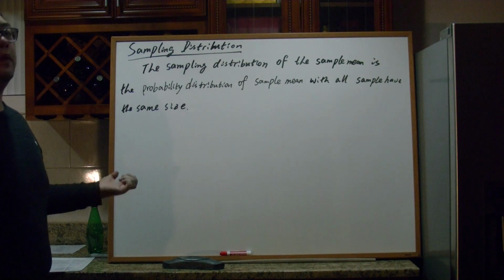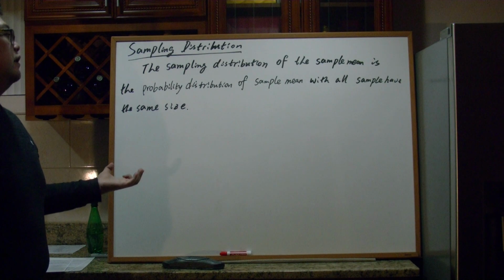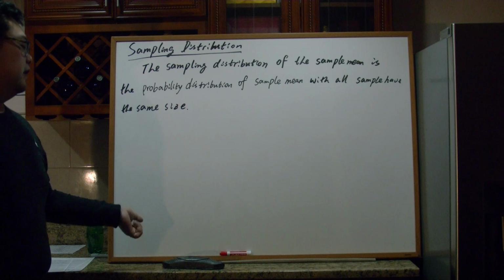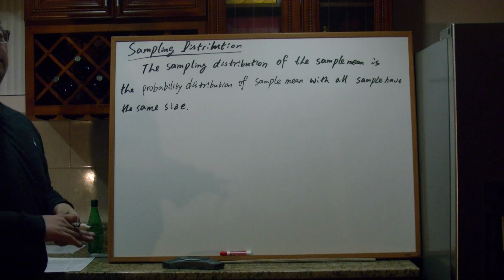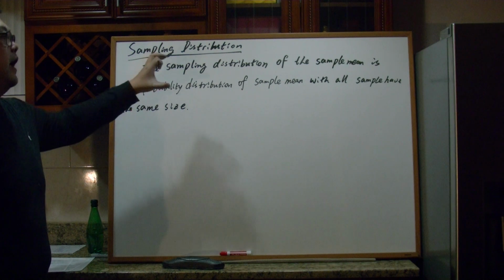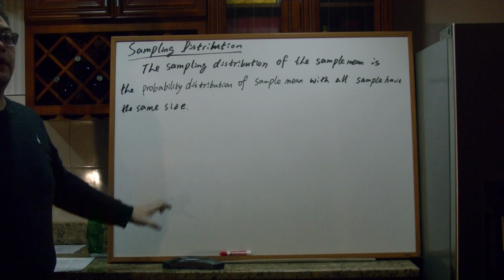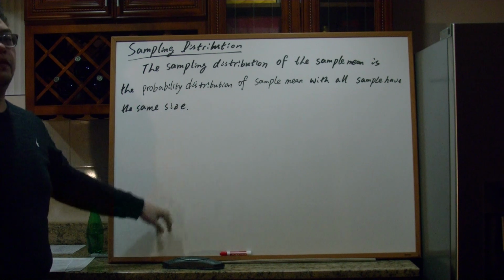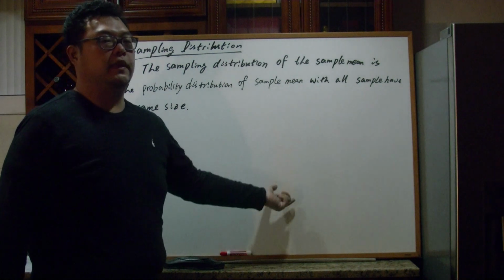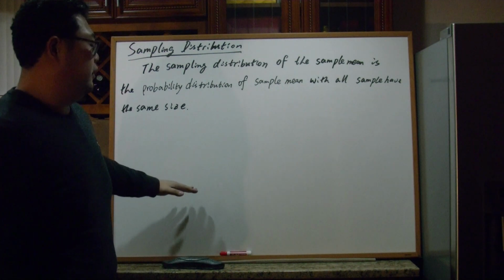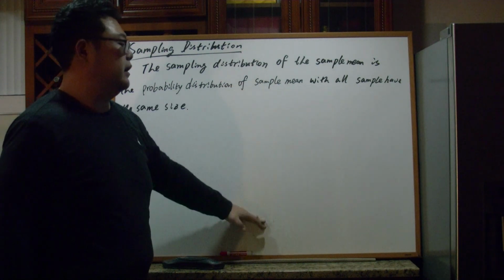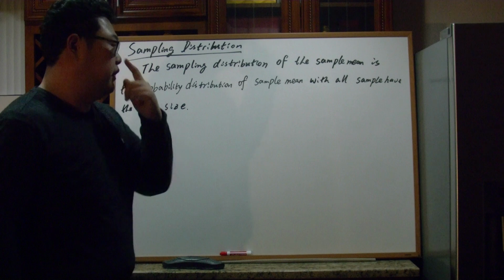Which means if we have a population, we could take samples of size 2, maybe size 3 or size 4, and compute the sample mean for each. Then we can build a probability distribution, assuming each sample is equally likely to be chosen. From that idea we get the probability distribution.